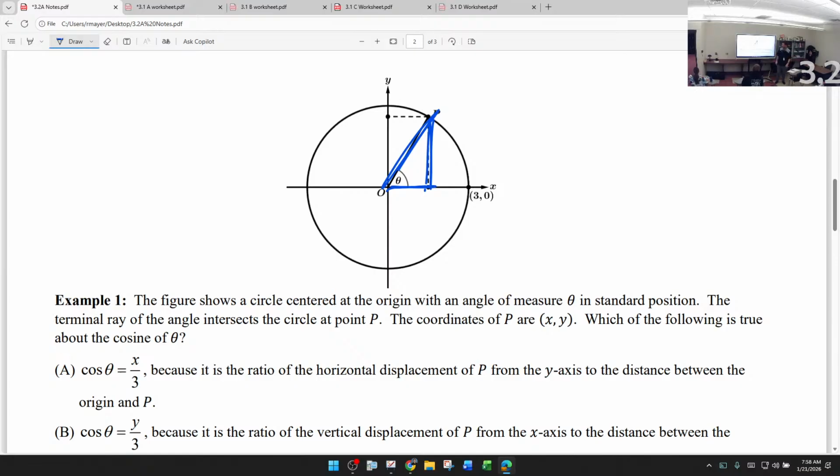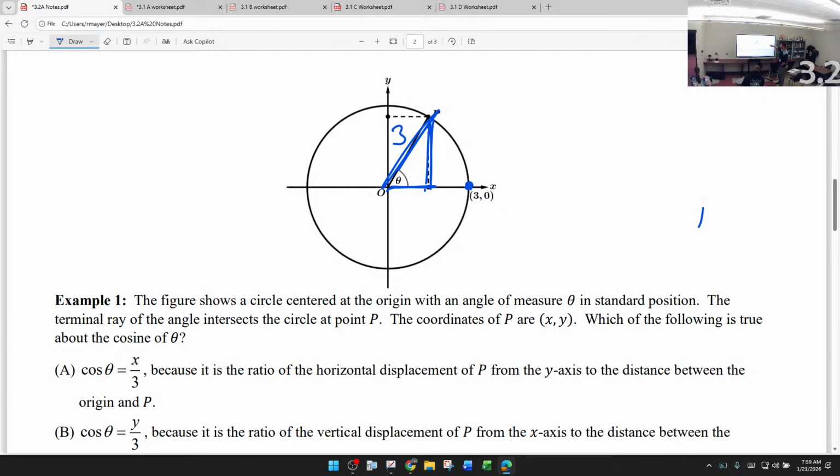This point now, look, it's 3, 0. That means the radius is 3. It's not a unit circle anymore. So if the radius is 3, that means the hypotenuse is 3. The hypotenuse is 3. Always.